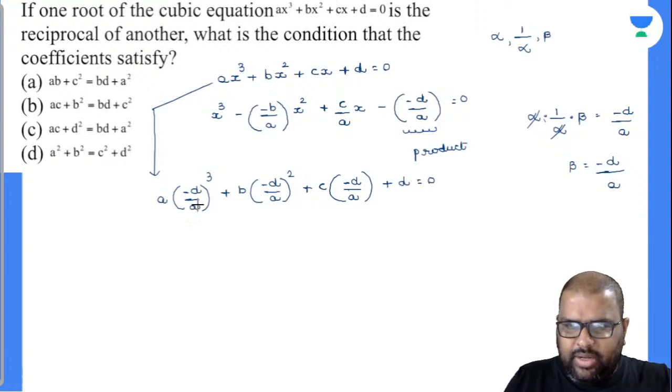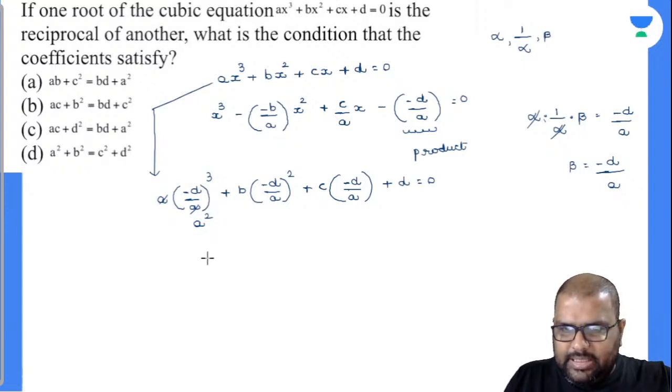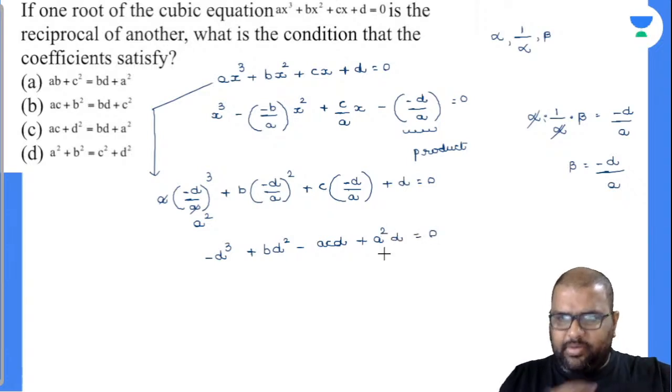Now listen carefully: one a gets cancelled off, and this becomes a square, so your denominator will be a square. Minus d into minus d into minus d will be minus d cube. Here also it will be a square, but minus d into minus d will become plus d, so I'll write this as bd square. This will be a, so I can write this as minus acd plus a square d is equal to 0. What can I take common from all the terms?